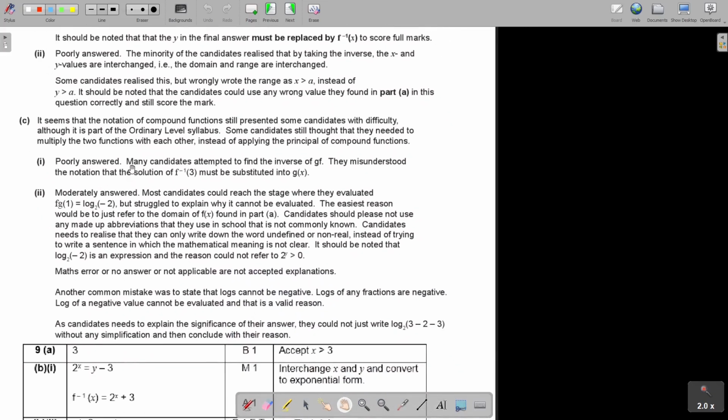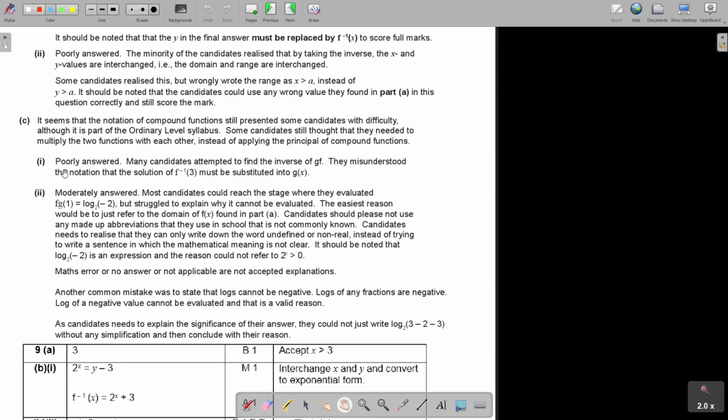That's what they're saying. Now, number C, it seemed that the notation of compound functions still presented some candidates with difficulty. Although it's part of the ordinary level syllabus, some candidates still thought that they needed to multiply the two functions with each other instead of applying the principle of compound functions, that you start from the back.